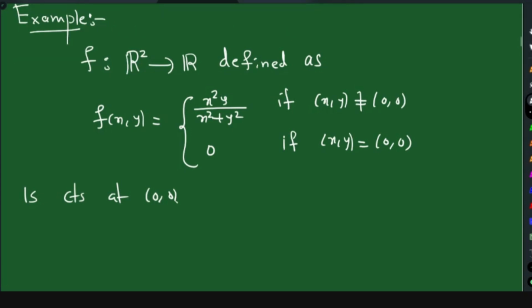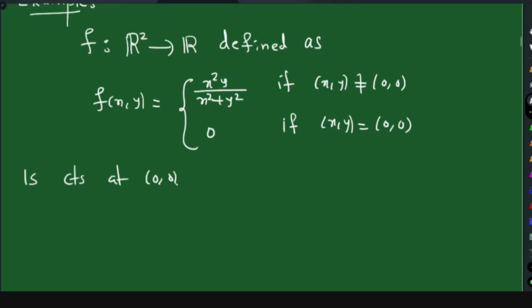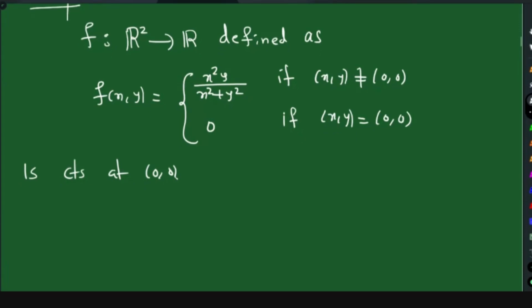To show that, in order to show something is continuous at some point, you have to consider an arbitrary sequence. So (xn, yn) is an arbitrary sequence which converges to (0,0). Then you show that f(xn, yn) should converge to f(0,0).